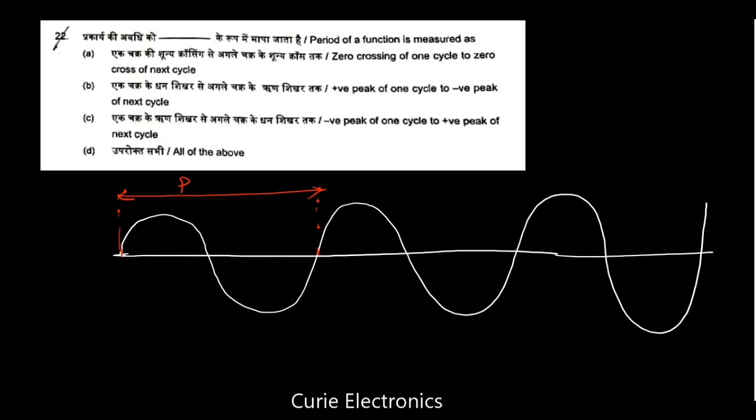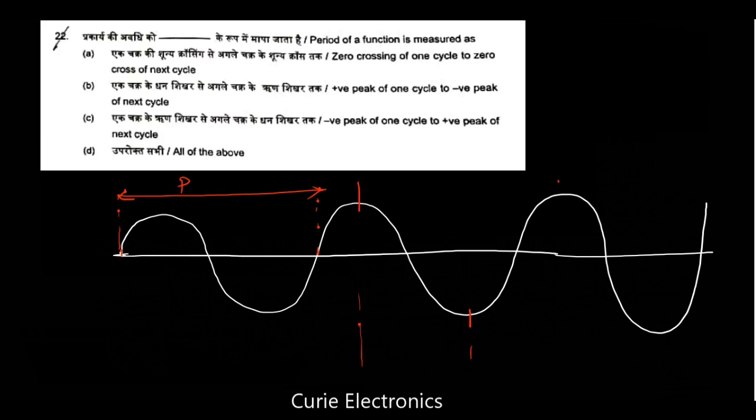But let me take from here to here: from the positive peak of one cycle to the negative peak of the next cycle. Then I am not getting the period. If I repeat this process again, I will miss some part.